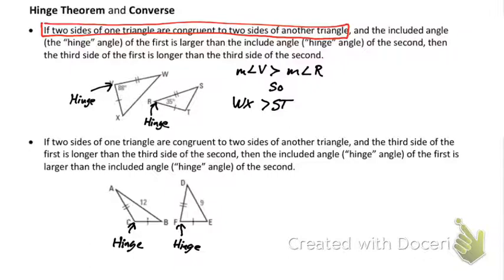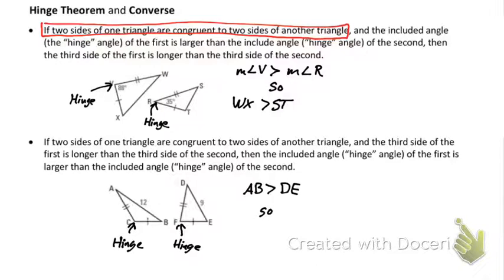Once again, to use a hinge angle theorem, you have to have two pairs of congruent sides, and you need to be talking about that angle between the sides. It meets all those requirements, so this is a hinge angle theorem. Well, the converse just says, if AB is bigger than DE, the sides opposite our hinges, then our hinge angles will be different sized as well.